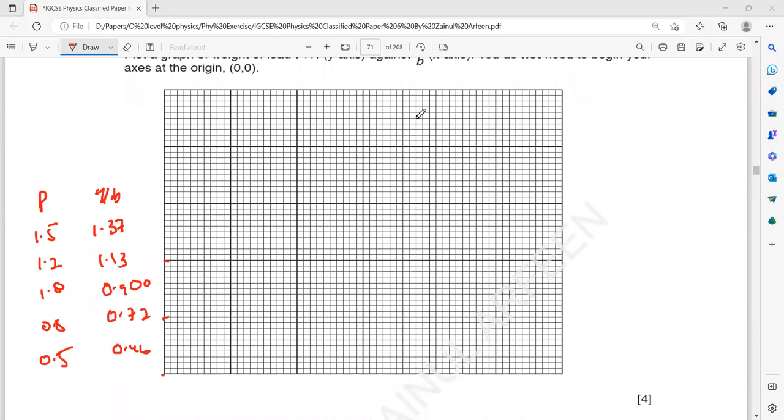If you still begin with the origin, it will not affect the gradient, it will affect the usage of the graph paper. You should use about 70% of your graph paper, and it will be less than that, so you will lose marks for the axis. But it won't affect the gradient at all.